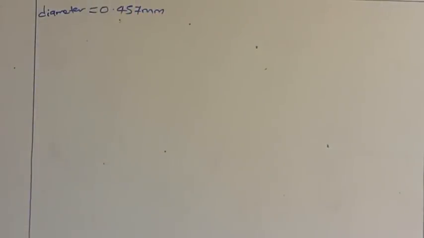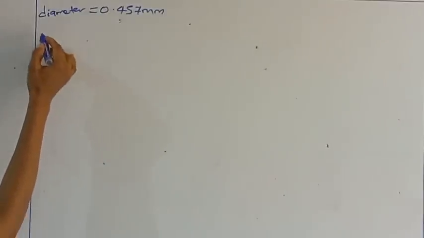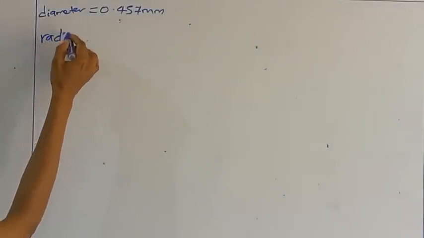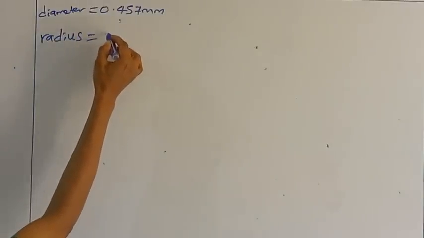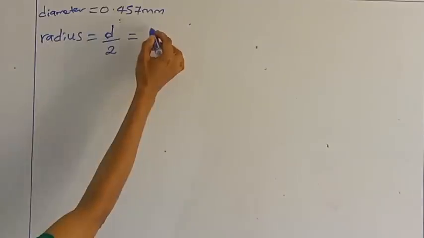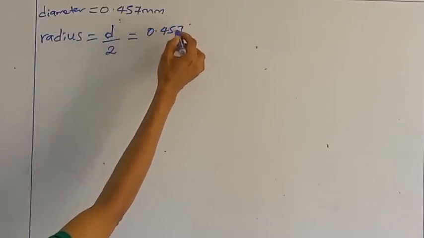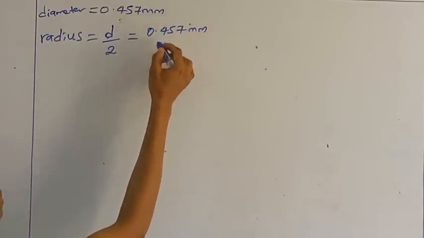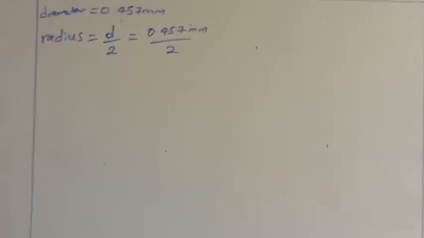Then let's get the cross-sectional area. Since this is the diameter, let's get the radius. The radius will be the diameter over 2, which is 0.457 millimeters divided by 2.